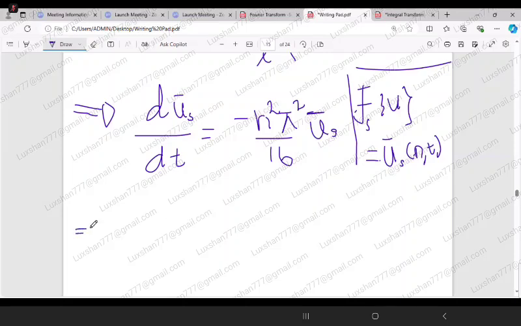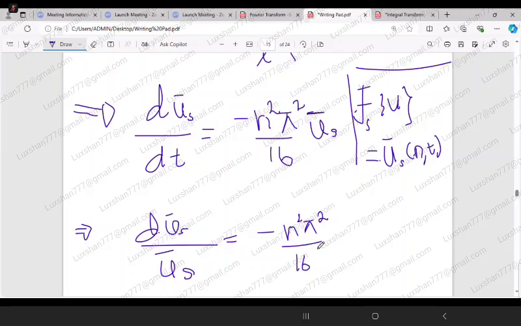So you can write this as d u bar s over u bar s equal to minus n squared pi squared over 16 into dt.